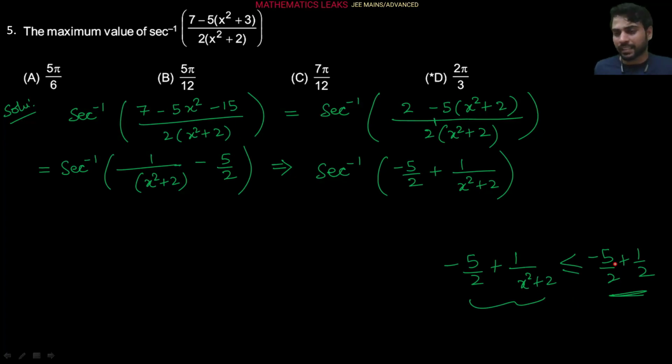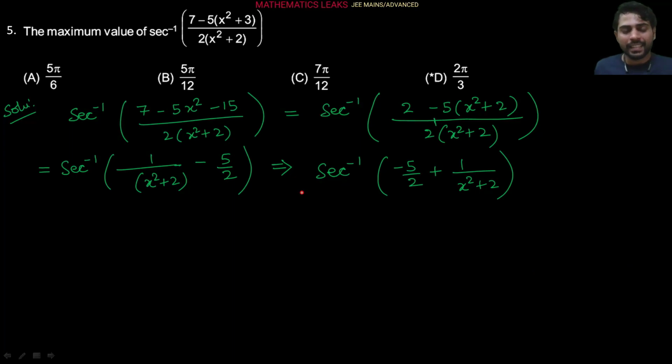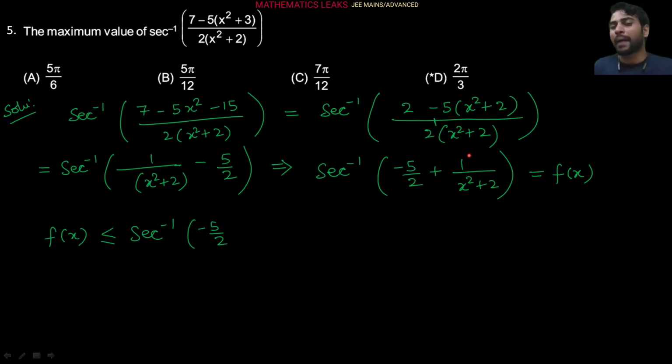Let's suppose this is our f(x); then f(x) will always be less than or equal to secant inverse of minus 5 by 2 plus 1 by 2, since the maximum value of the added term is 1 by 2. Here the equality sign I have changed to less than or equal to.